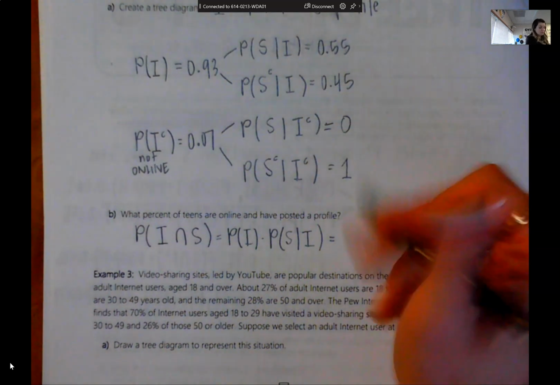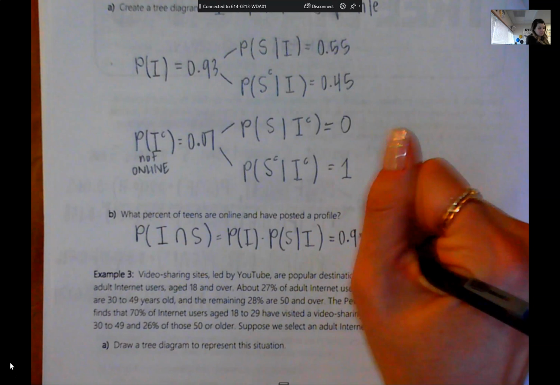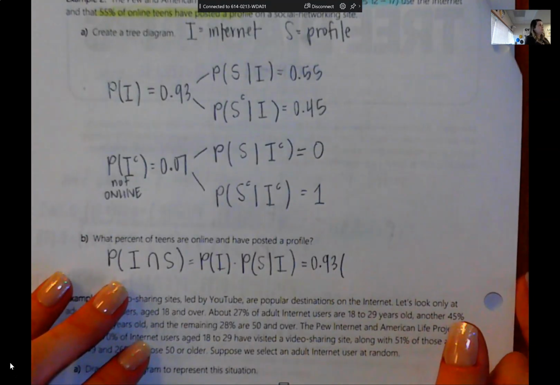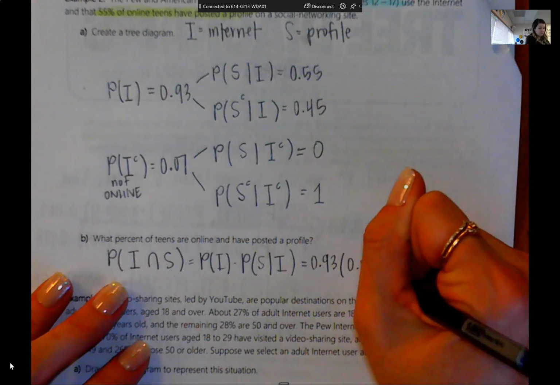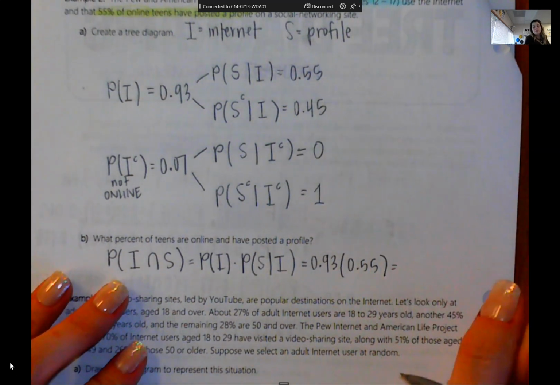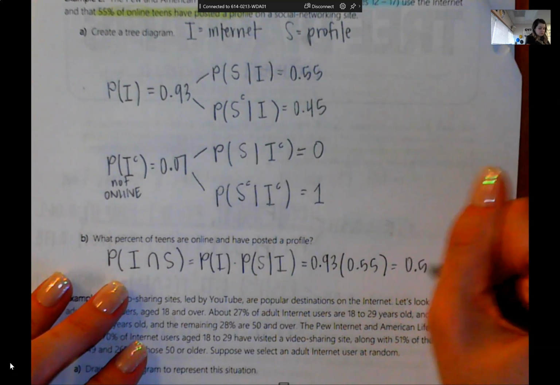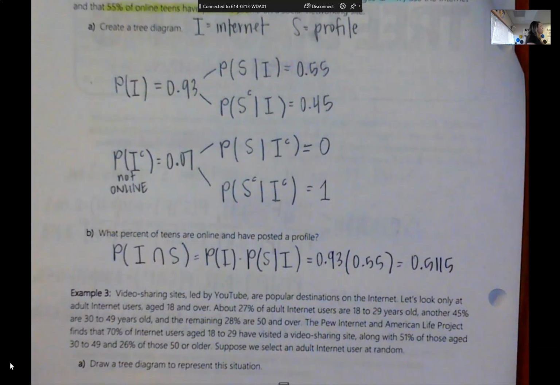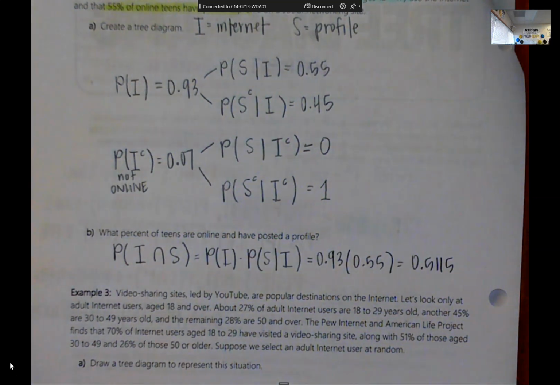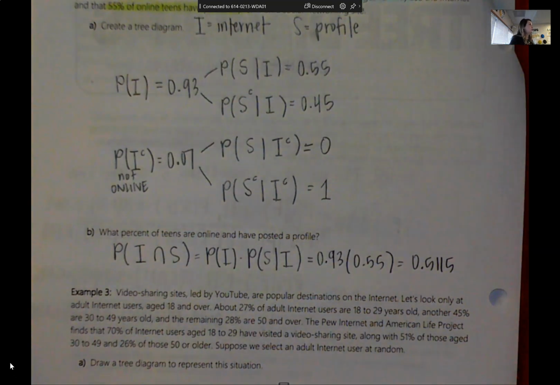Okay, what's the probability of internet? 0.93. What's the probability of social media profile given you have the internet? 0.55. You multiply those together, I believe you get 0.5115, which means that if you randomly select a teenager aged 12 to 17, about 51% of them will have the internet and a social media profile.